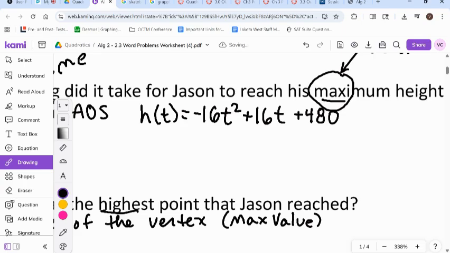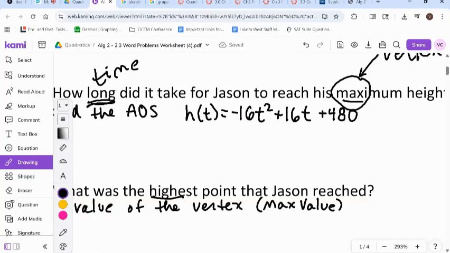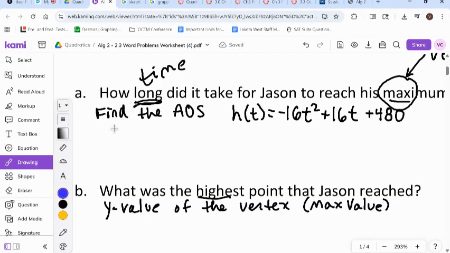If you wanted to complete the square to make it into vertex form, or factor and put it into factored form, those are other ways you could do it. I'm just going to go way back to the original way that I taught you. To find the axis of symmetry when it's in standard form, our formula is x equals negative b over 2a.